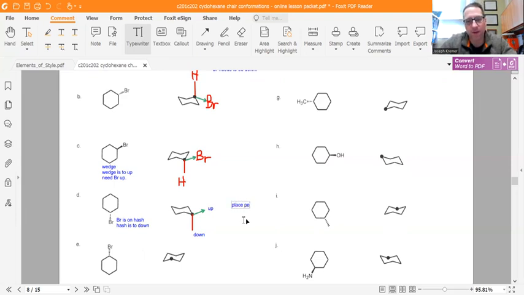Place your pencil on the ring carbon. Trace the axial straight up or straight down. So your frame of reference is the ring carbon. And if I have bromine down, that means I need to have a bromine here. And this makes this H.